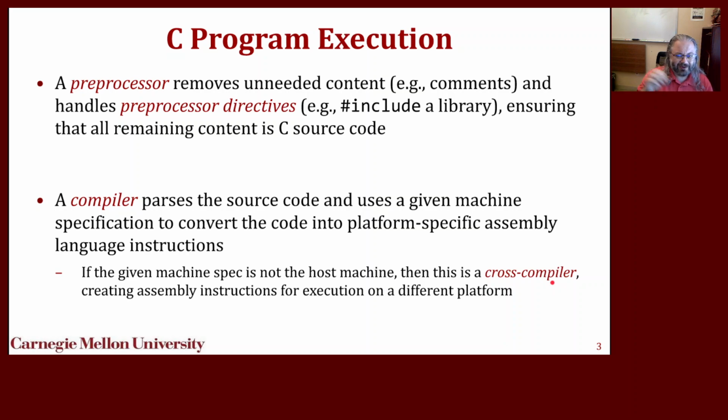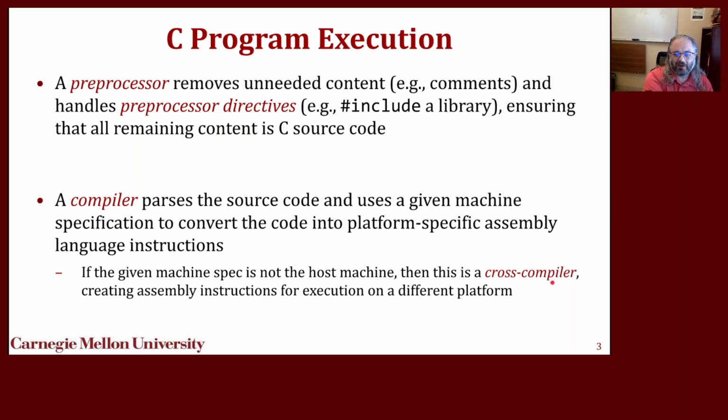Now, there are 2 different ways this can be done. The compiler can actually create assembly code for the machine that it's running on, or if you give it a different machine specification, it can do what's called cross-compiling. A compiler can actually create assembly code for a different platform, for a different machine.